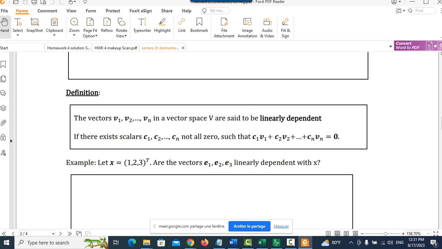The way we can determine that is to see if the linear combination of x, e1, e2, e3 equal to 0 implies that all of the coefficients are zeros. So let's try to solve this.